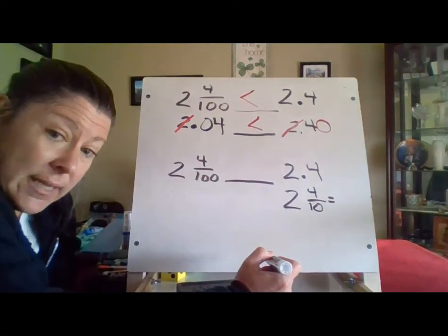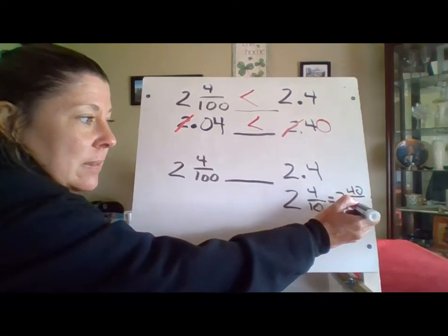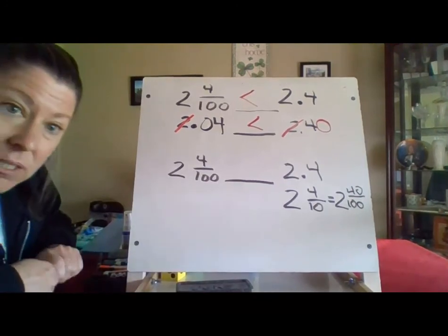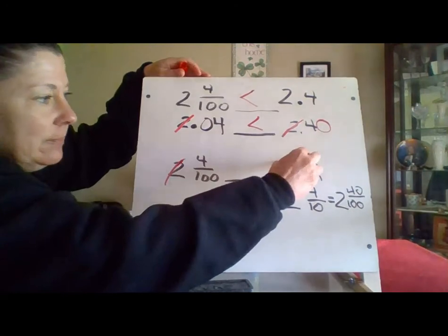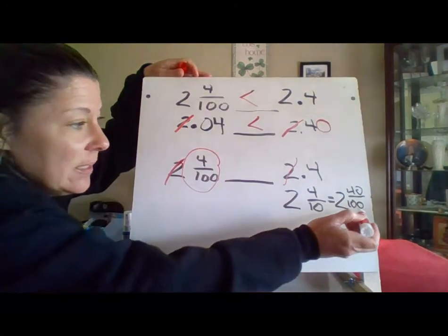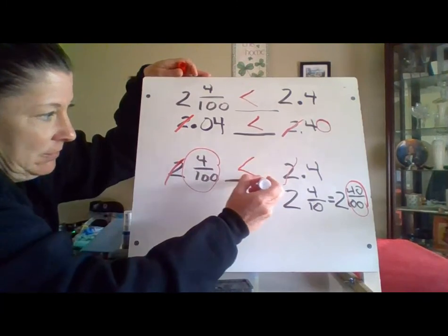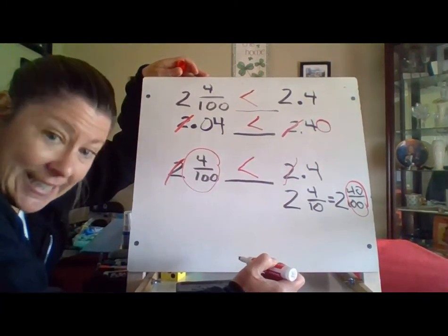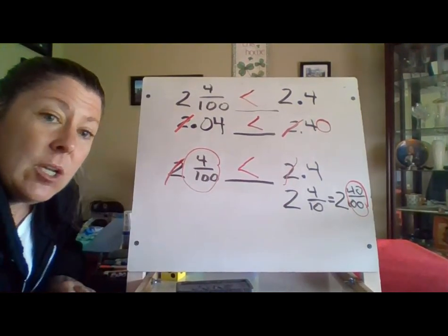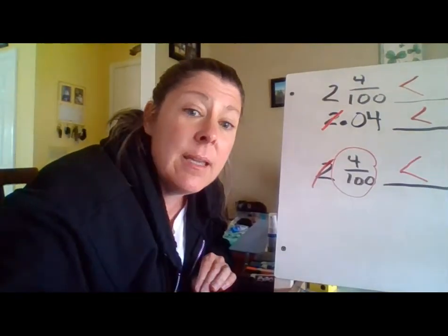And I know that 2 and 4/10 is the same as 2 and 40/100. Just like before, my 2's are the same. 4/100 versus 40/100. 2 and 4/100 is less than 2 and 4/10.